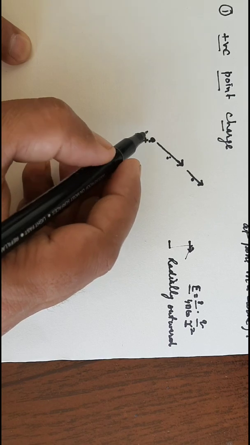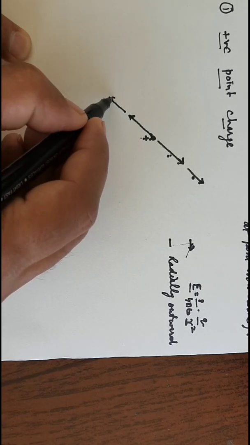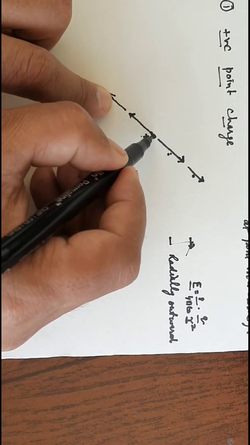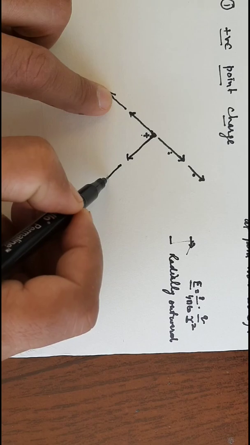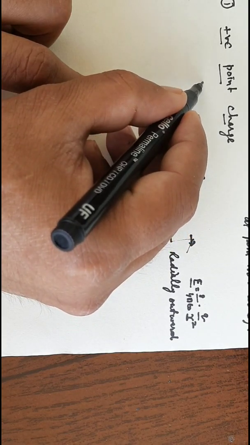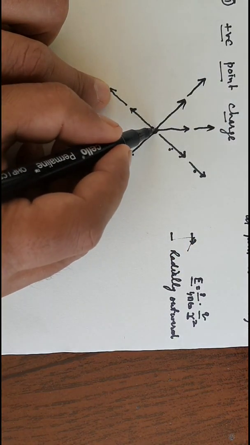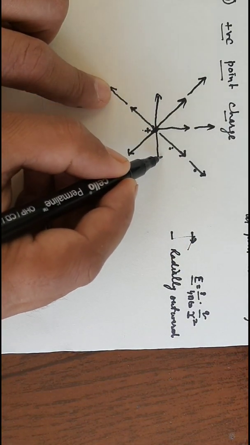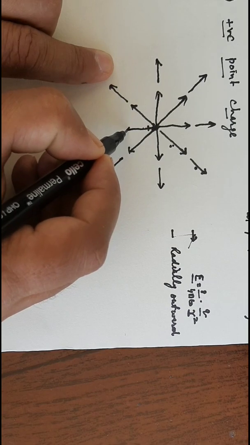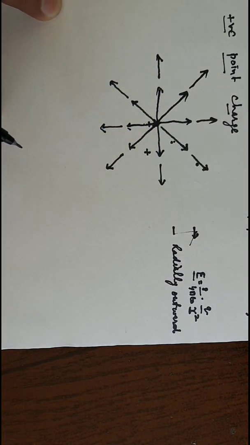Similarly, I draw in all directions, and it should be symmetrical all around. So this is your electric field line for the case of positive point charge.